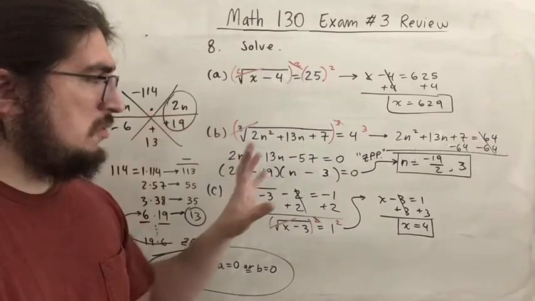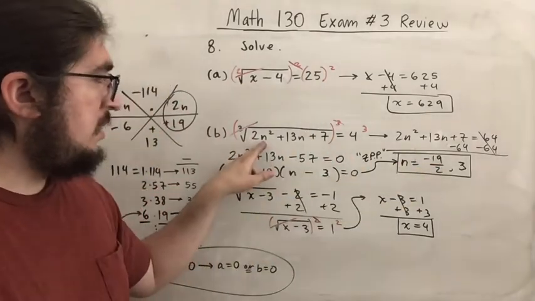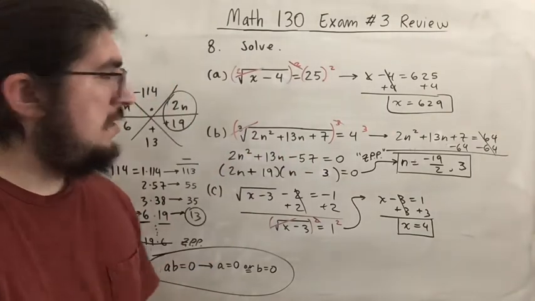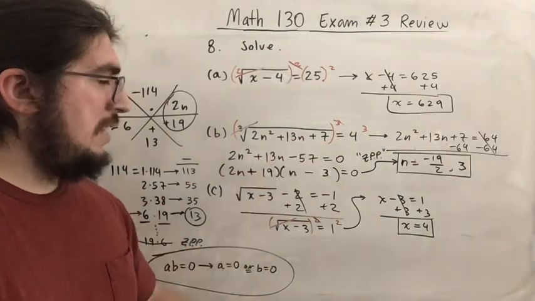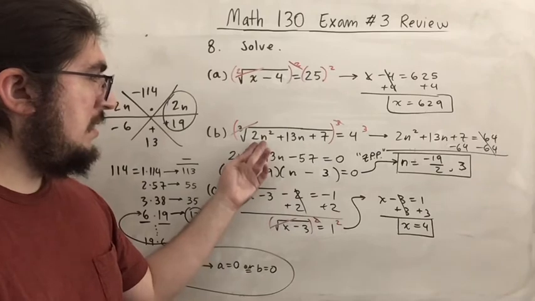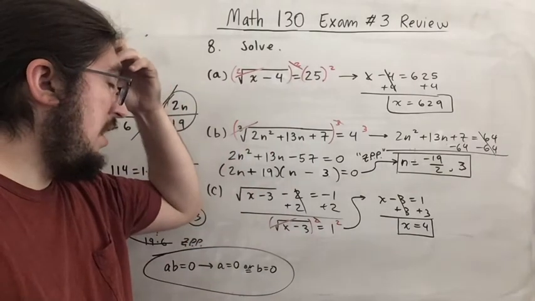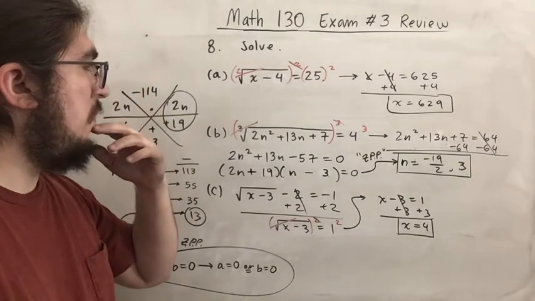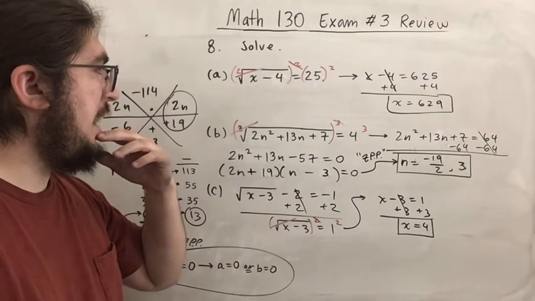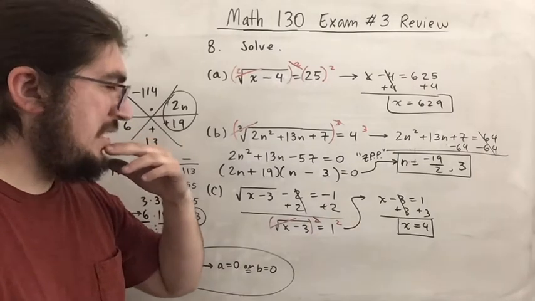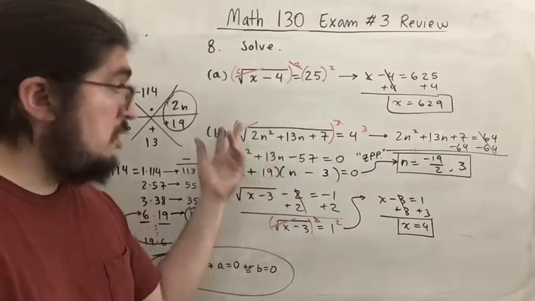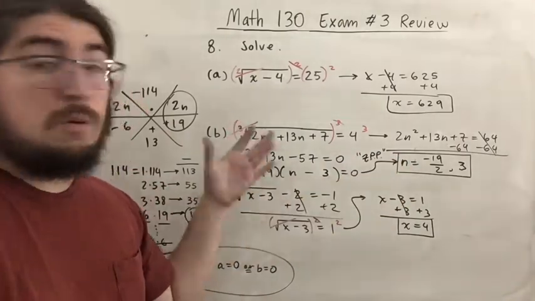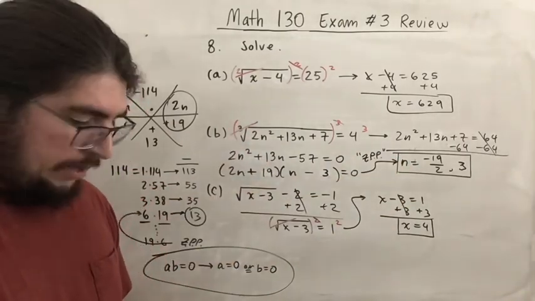It's something I don't want to really look into, but if you plug in 3, you get 3 squared is 9, times 2 is 18, 3 times 13 is 39, 39 plus 7 is 46, 46 plus that 18 is 64. Sorry, it's hard to do in my head, but 18 plus 46 is 64, and the cube root of 64 is 4. So that works. I'm not going to try this one, but if you plug in negative 19 over 2, it'll work out, surprisingly enough. Okay, so that's it for number 8.